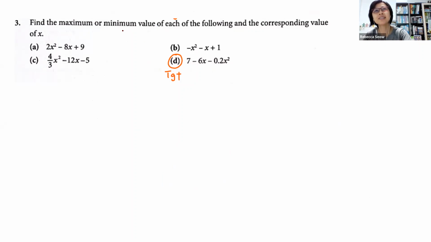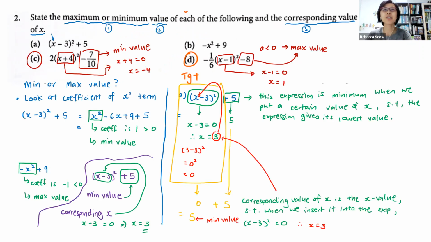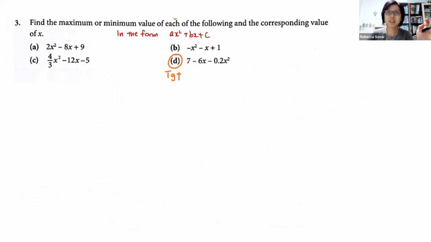Yeah, okay, so this is in the form ax squared plus bx plus c. Yeah? Whereas the previous page, everything a, b, c, d is in the form where the square has been completed. So one extra step, complete the square first.